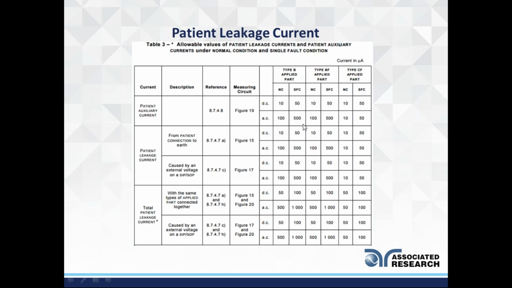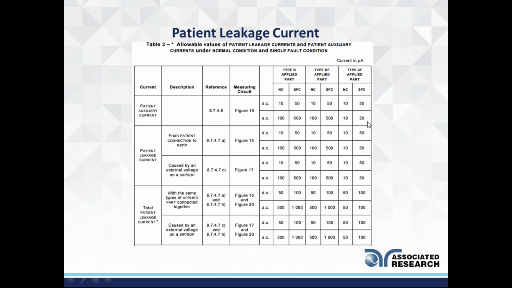But going back to the point I was trying to make, you can see the thresholds are completely different. For a CF, under normal conditions, you're allowed 10 microamps, which, even the resolution on most testers might not be able to get you that, but our Omnia, of course, can.